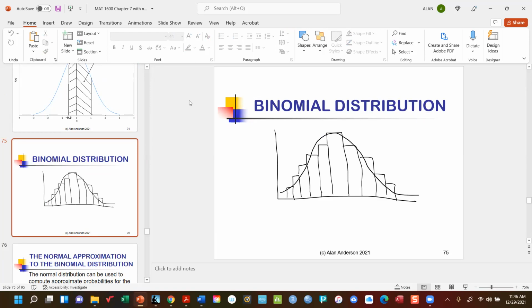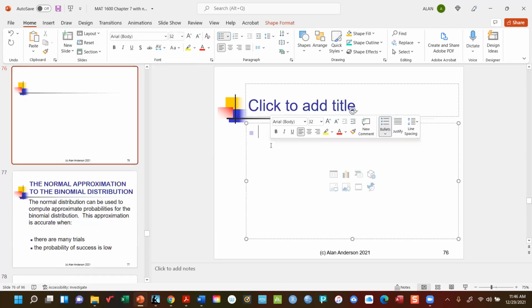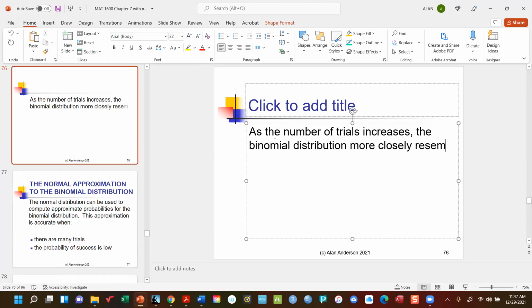The binomial distribution, as we keep increasing the number of trials, starts to very closely resemble the normal distribution. Okay, so as the number of trials increases, the binomial distribution more closely resembles the normal distribution.